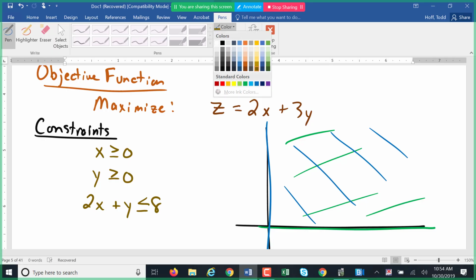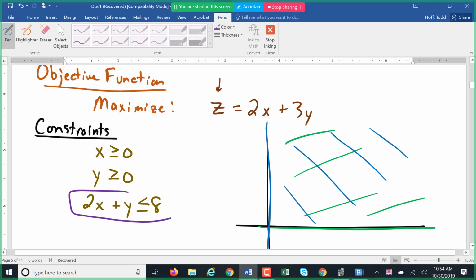So to graph that, we'll do that in purple. 8 divided by 2 gives us an x-intercept of 4. 8 divided by 1 gives us a y-intercept of 8. So my line goes through those 2 points.